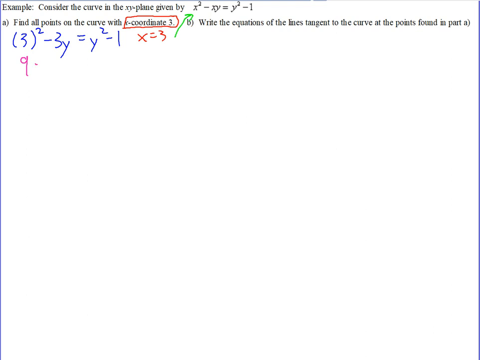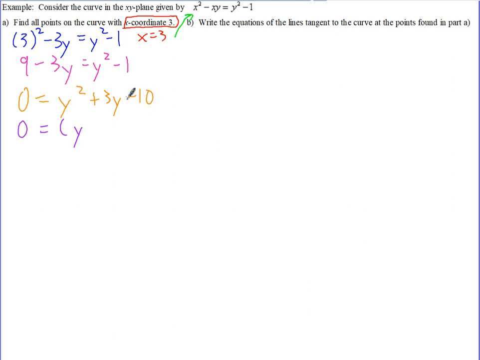And that simplifies to 9 minus 3y equals y squared minus 1. Since the y squared is already positive on the right side, I'm going to make the left side equal to 0. We get y squared plus 3y, add the 3y over and subtract the 9 from the negative 1, which gives you negative 10. And then factor that.